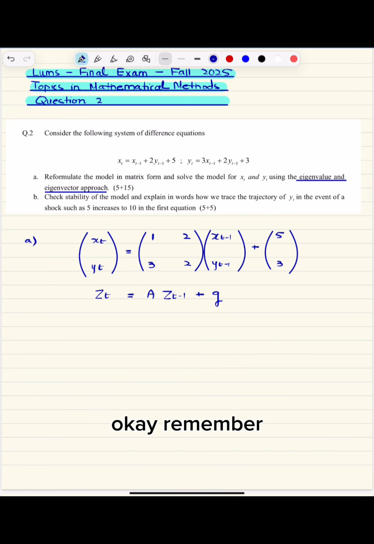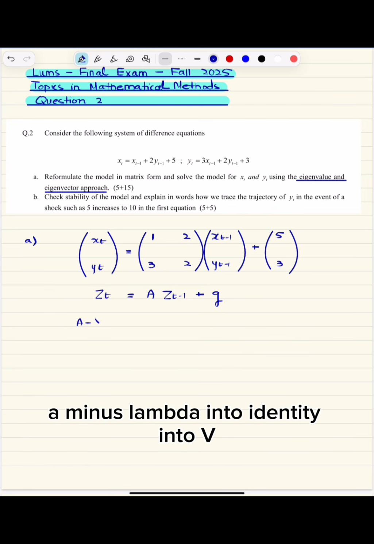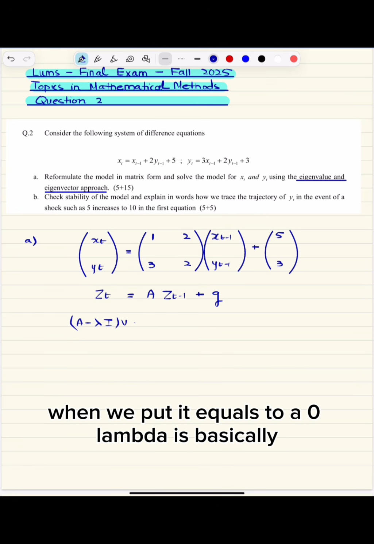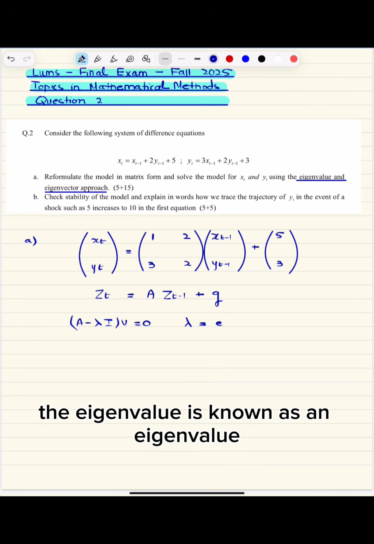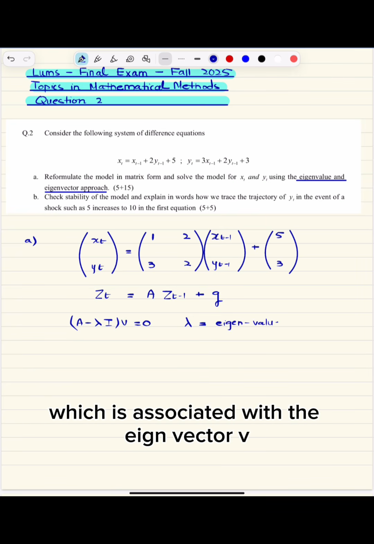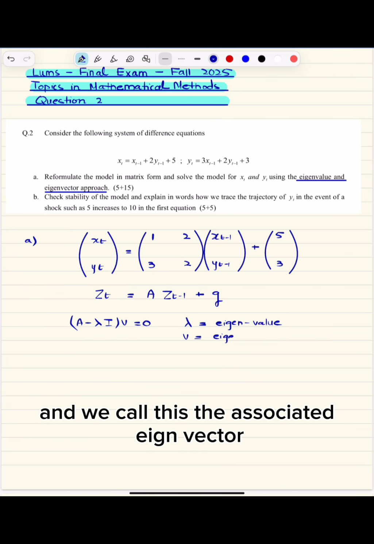Remember, (A minus lambda I) V equals 0, where lambda is known as an eigenvalue, which is associated with the eigenvector V, and we call this the associated eigenvector.